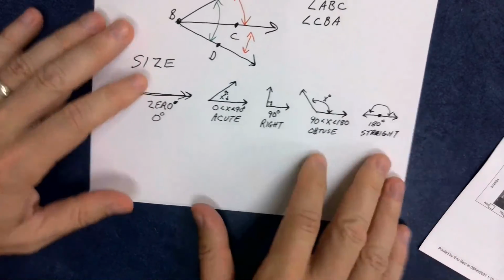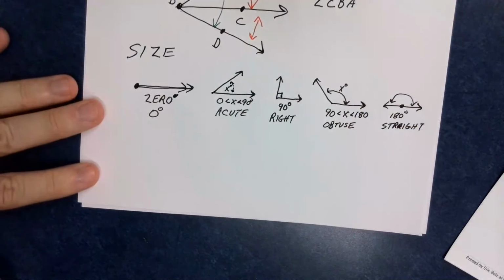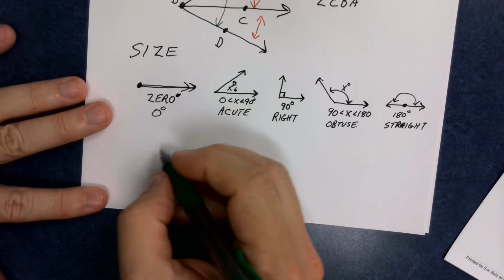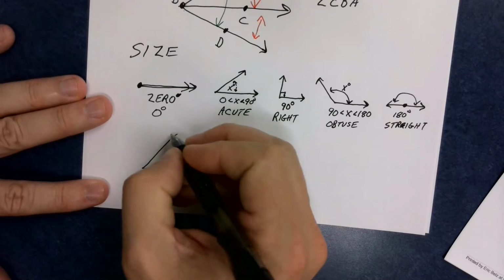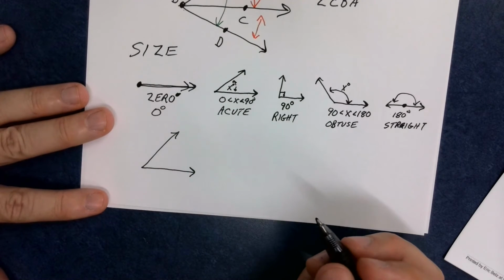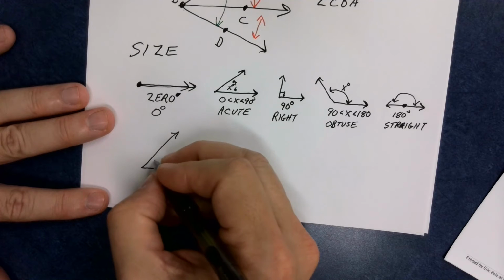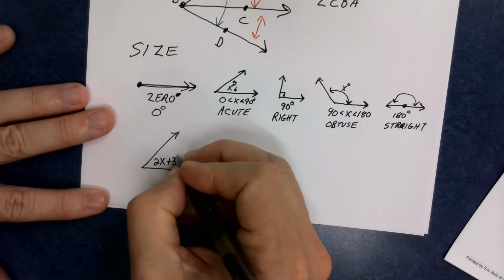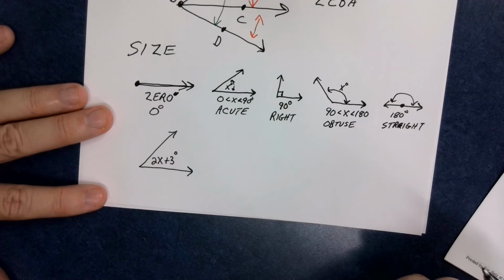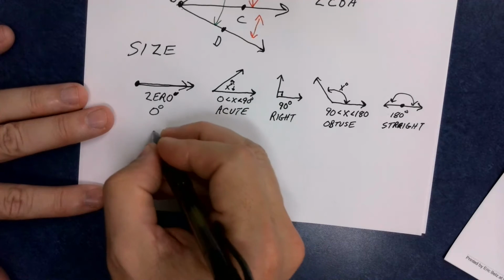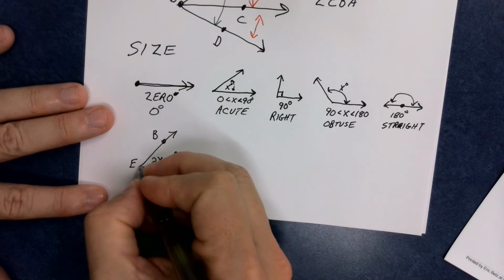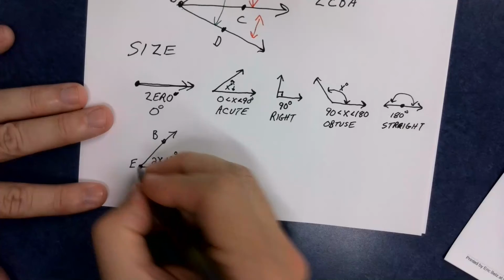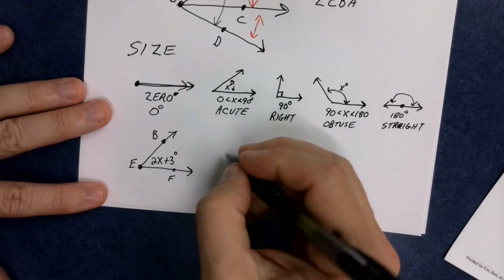So what I'm going to do now is I'm going to go back to this sheet, and I'm going to give you a couple things that I want you to be able to follow through on. So first off, let's say that I had this angle right here, and I told you that the measure of the angle was 2x plus 3 degrees. Good deal? And this was angle BEF. And over here, I got another angle.